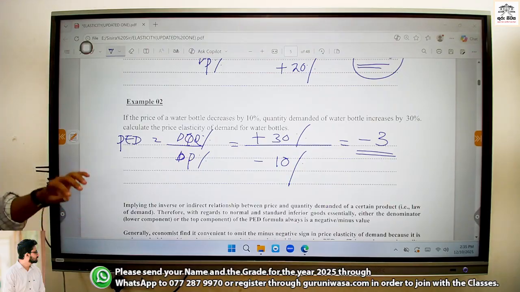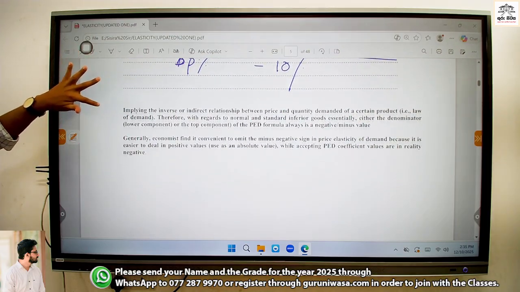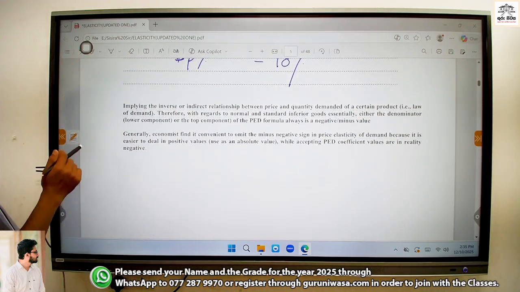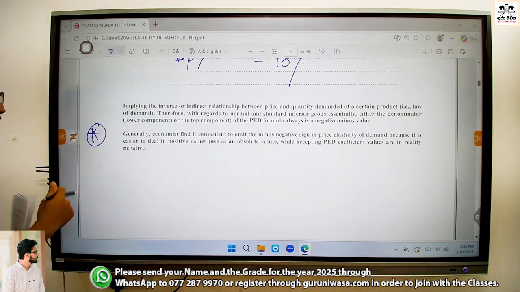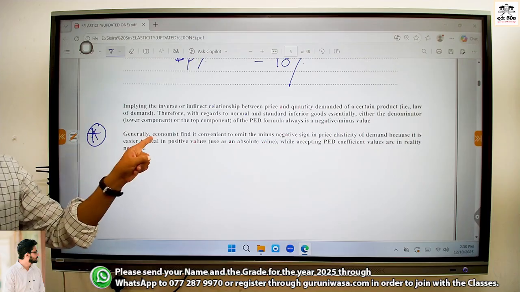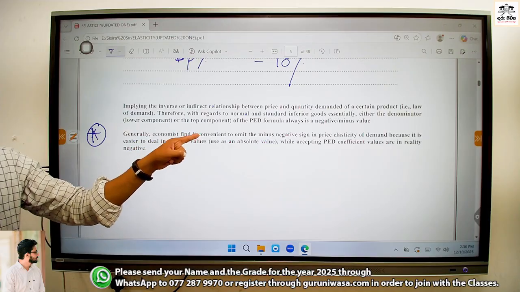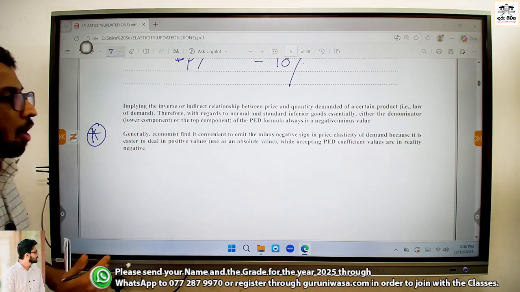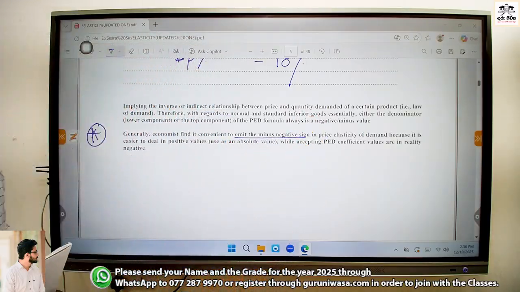There's another important point. Read it: generally, economists find it convenient to omit the minus or negative sign in price elasticity of demand because it is easy to deal in positive values.